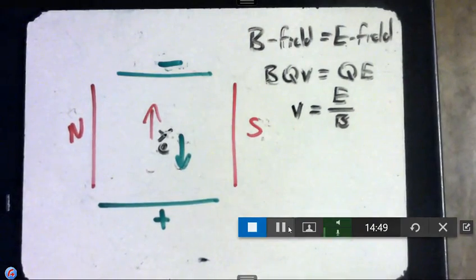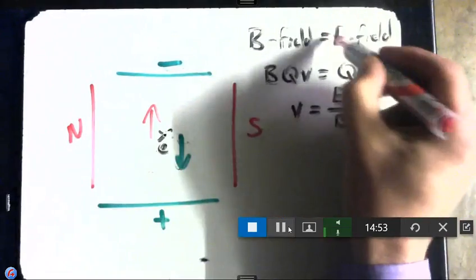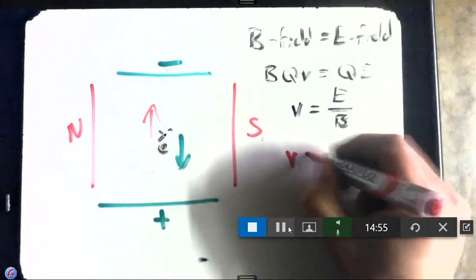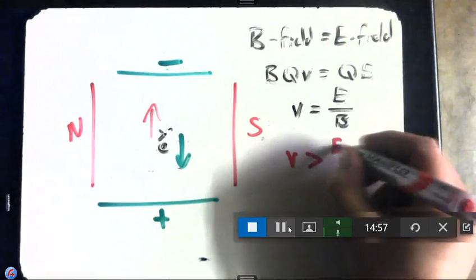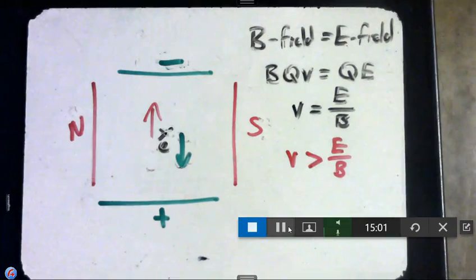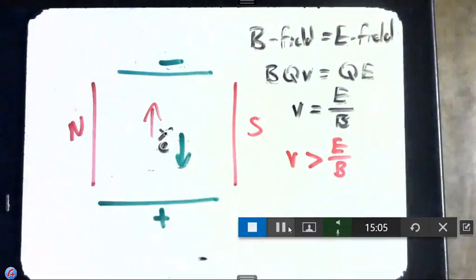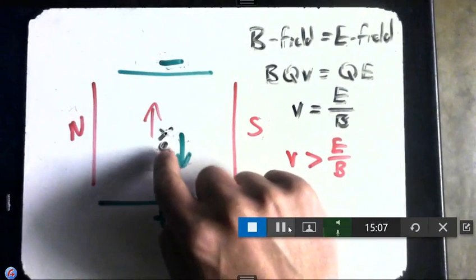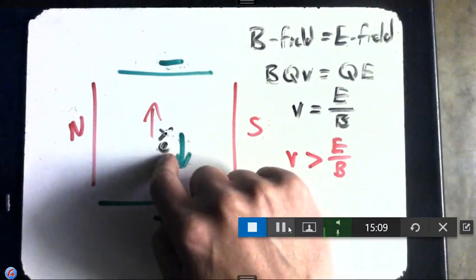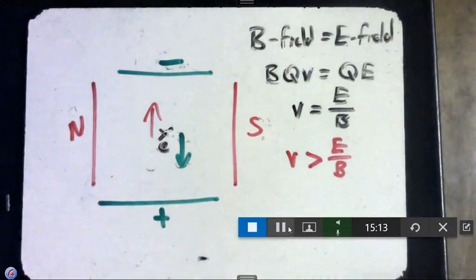Okay? When the magnetic force is bigger, we're going to have V bigger than E over B, and it's going to deflect towards the negative side, the same direction as the charge of the object. So it's negative to the negative if the magnetic field wins.